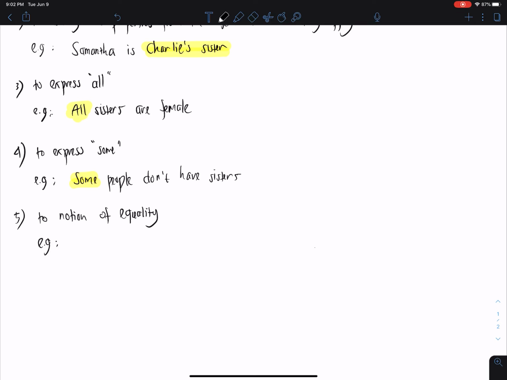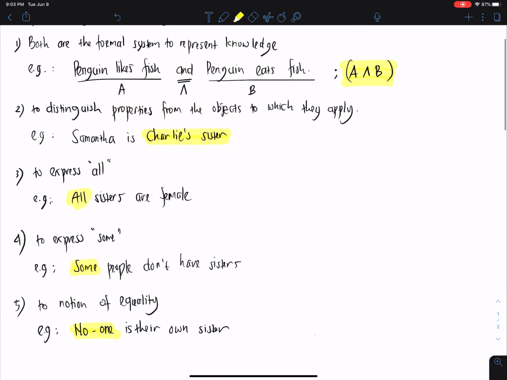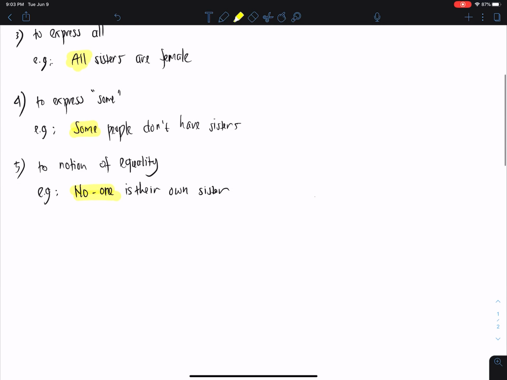For example, to say no one is their own sister. To state no one here, propositional logic doesn't have that capability.